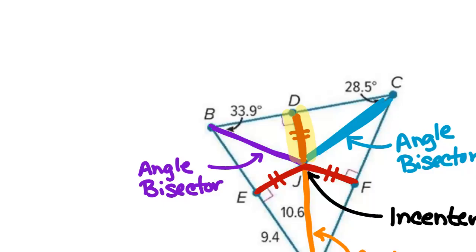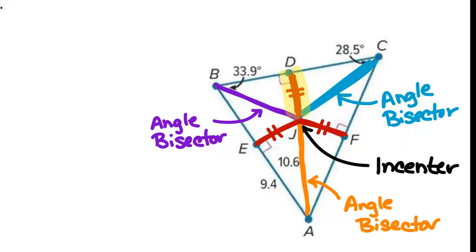We just said that segment DJ is the same as JE, is the same as JF. I can't use this triangle right here to find this side because I don't know how big any of the sides are. But on this triangle, I know 2 of the sides. And EJ is the same size as DJ.